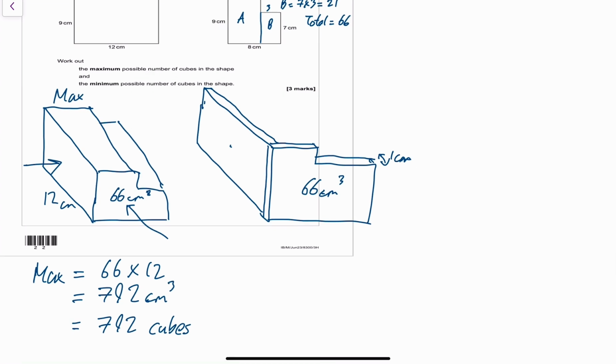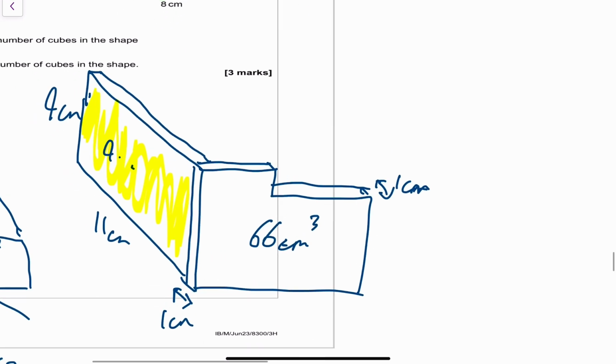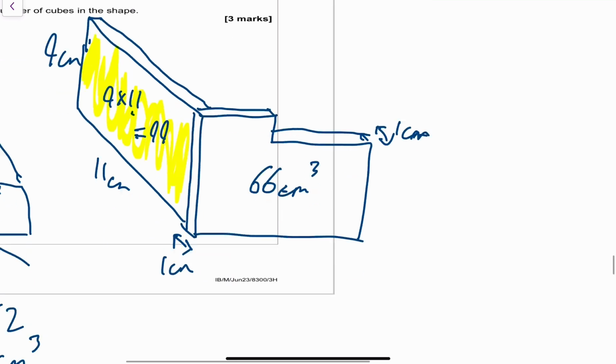For the minimum one, the height here would be 9 centimetres, the height here would be 9 centimetres. From here to here, remember, there's a 1 centimetre here, it's been taken out. So there's actually 11 centimetres here. So this bit here, I'll do it in yellow, is going to be 9 by 11, so it's going to be 99.